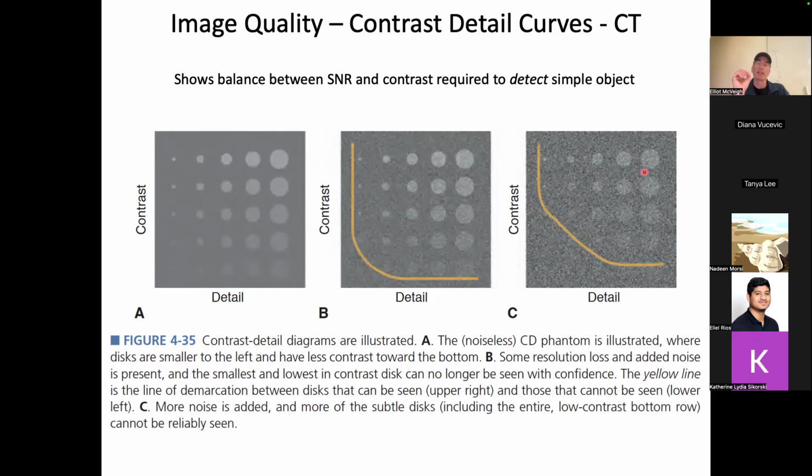And this is based on a detection task. So the question is, in this image, which one of these vials can I detect with, say, 90% confidence that it's there, right? Versus this. So the way you run that experiment is you know beforehand that there is a signal here.